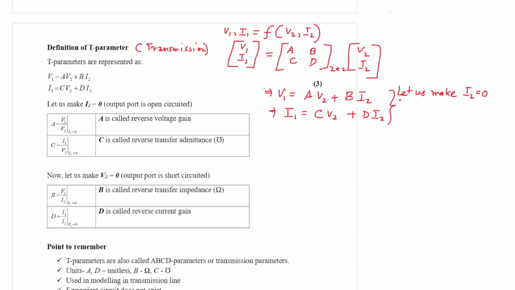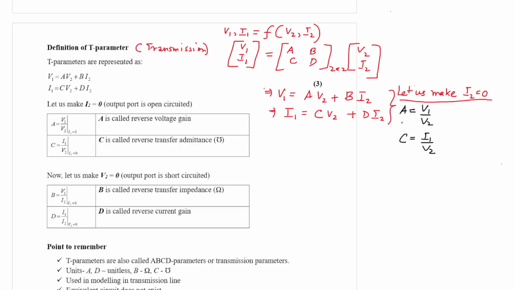So immediately we can write A is equal to V1 by V2 and C is equal to I1 by V2.